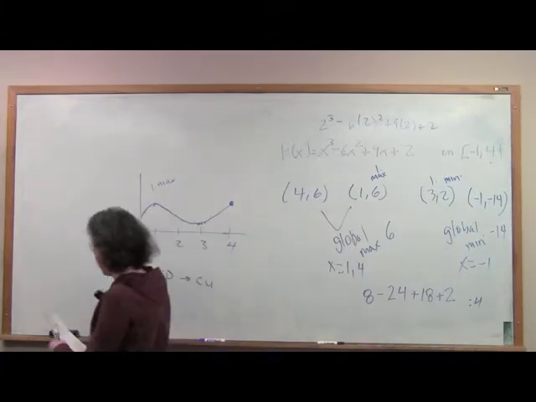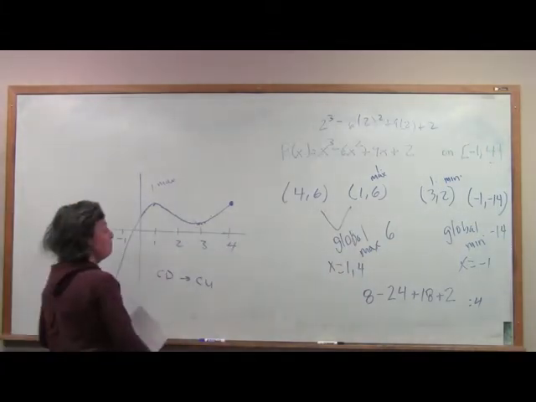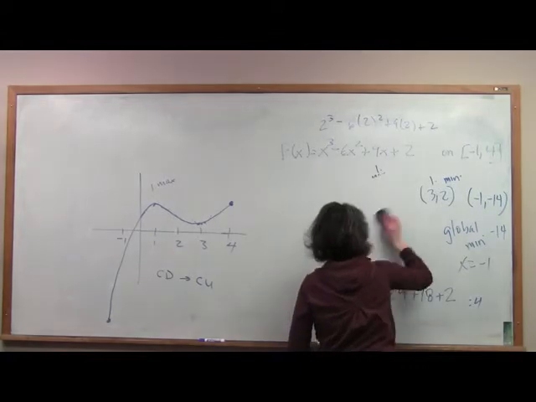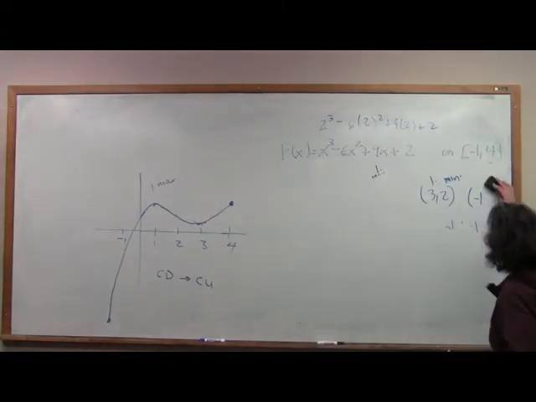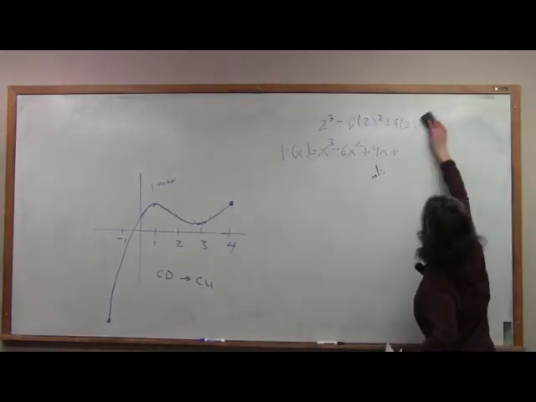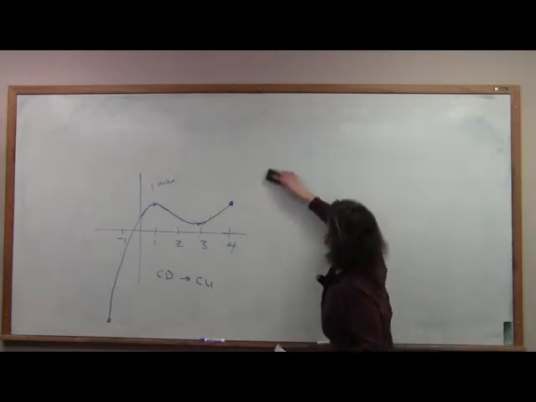Okay, let's change this sort of thing slightly. I know that this is a lot, you guys. But now what I'm going to do is give you some characteristics of a function, and I want you to graph it. Okay?